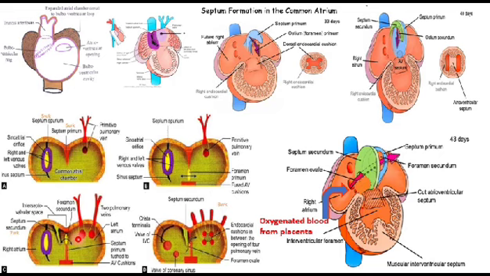And the formation of the foramen secundum has a functional necessity because once the septum primum is formed, you all know that in the fetal period, the blood from the placenta enters into the right atrium, has to go to the left atrium and then into the left ventricle and then into the systemic circulation.